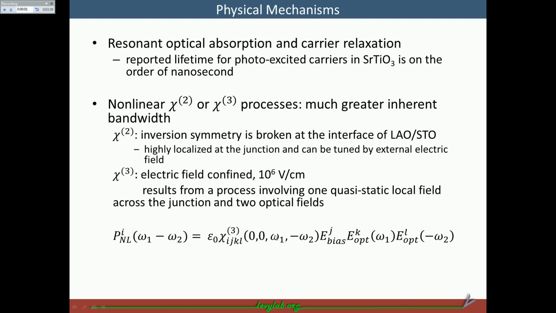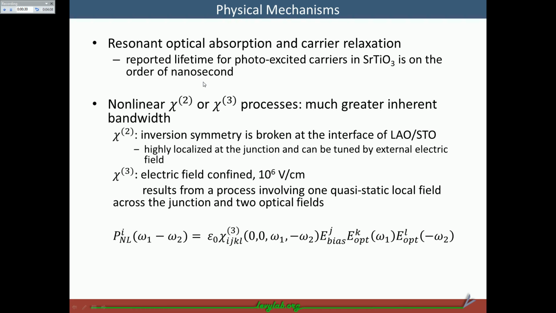There are several possible physical mechanisms that may be behind this localized nonlinear response. Although it contains the resonant optical absorption and carrier relaxation, we can rule it out, because the reported lifetime for photoexcited carriers in the sample is about 7 hours.